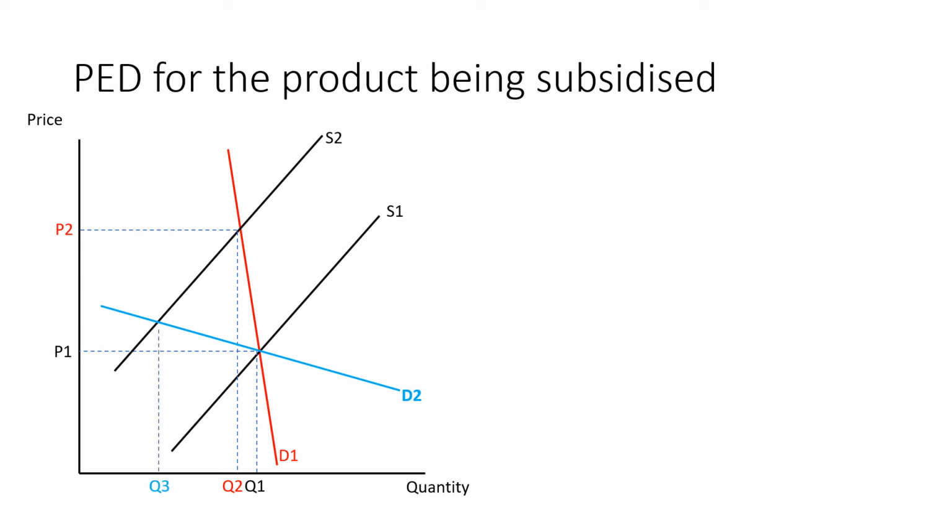So a much bigger fall in equilibrium quantity, so a much bigger drop in revenue for the producer. But the good news is really for the consumer. Removing a subsidy from a product that's got a price elastic demand creates a much smaller increase in price of P1 to P3.